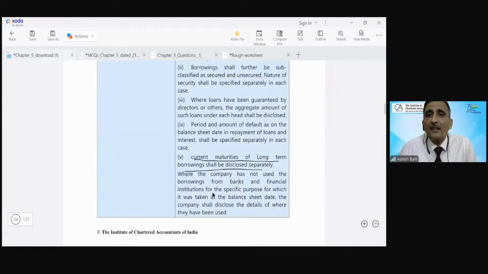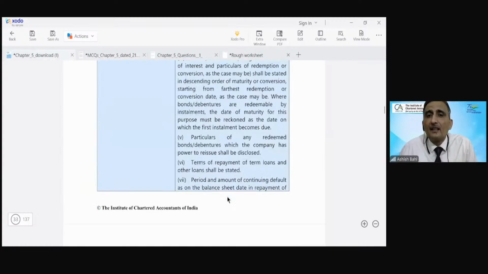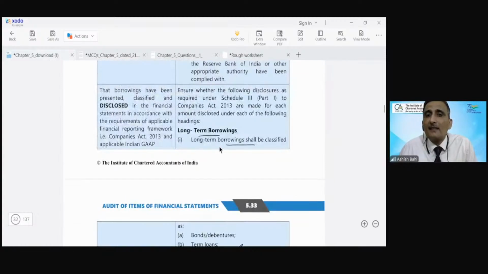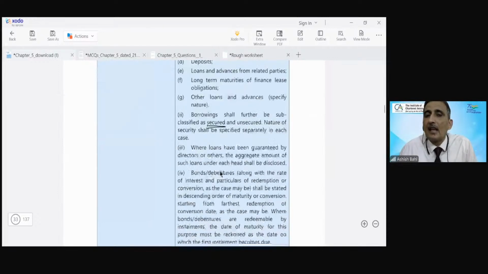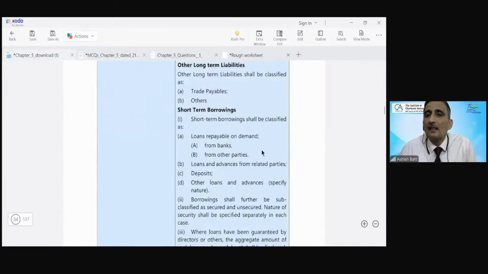Just now you have done this. Like this, these are the requirements of Schedule 3, long-term borrowings, term loans. And short-term borrowings, loans repayable on demands. Demand, it means I told you that these are cash credit accounts. So answer is C. How you are writing Tambeshwari B?